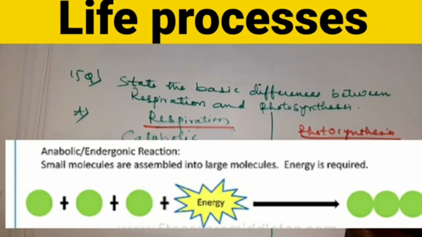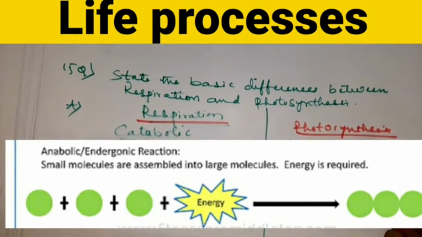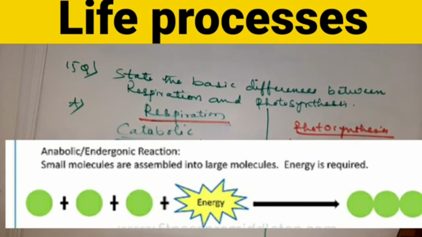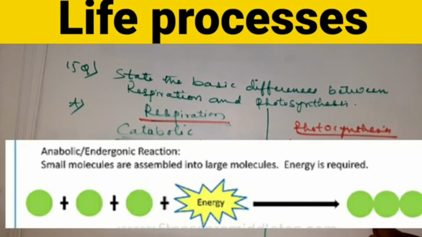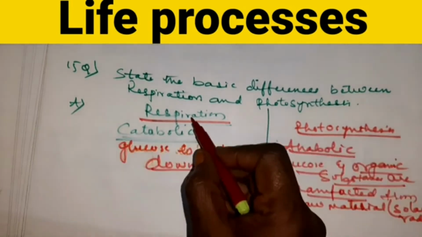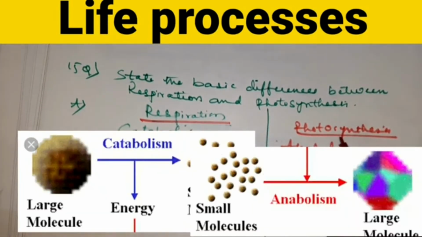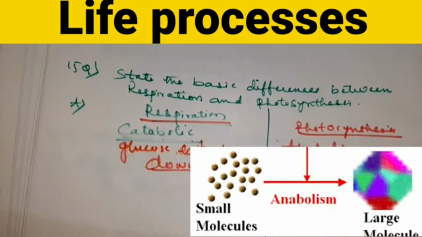Okay, children, so photosynthesis is an anabolic process, which we see in plants. Respiration is catabolism and photosynthesis is anabolism.